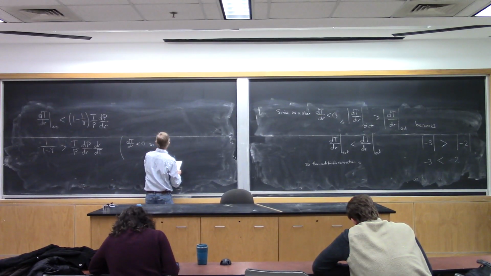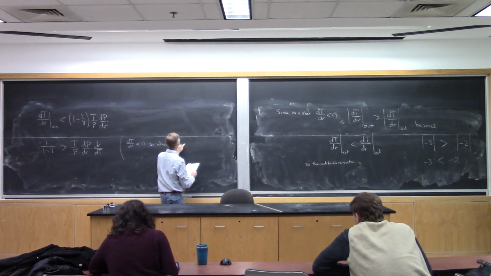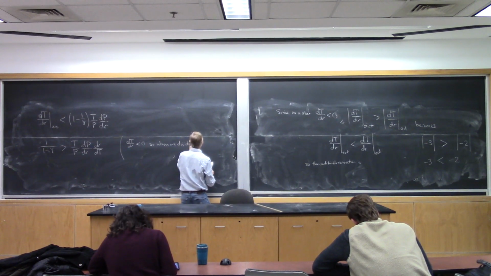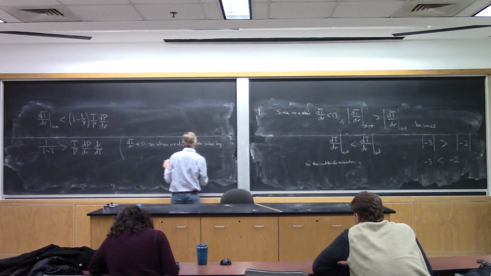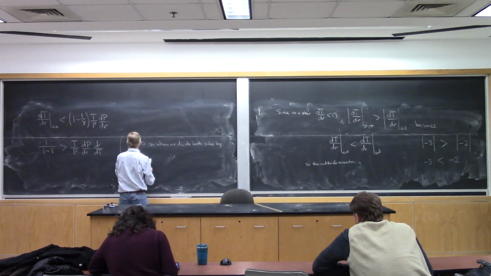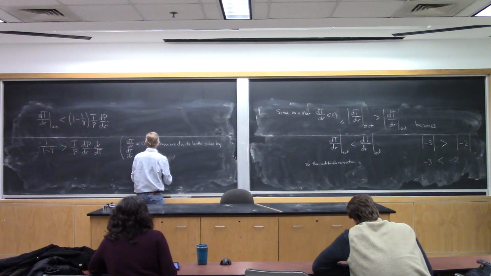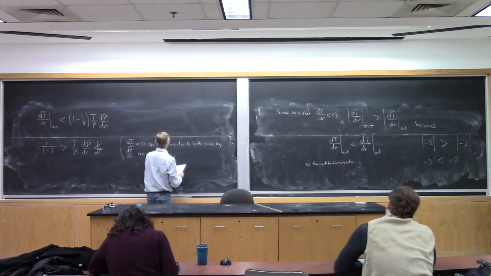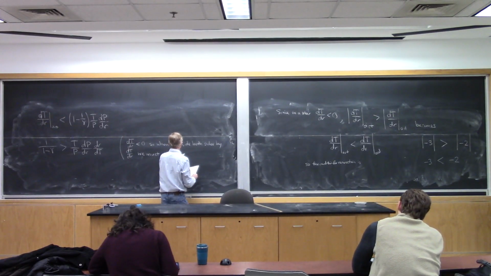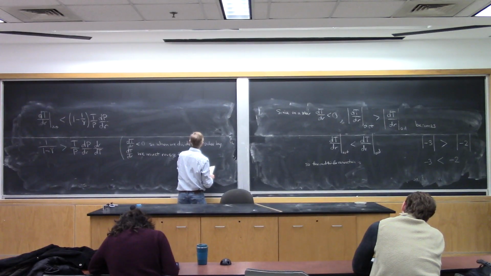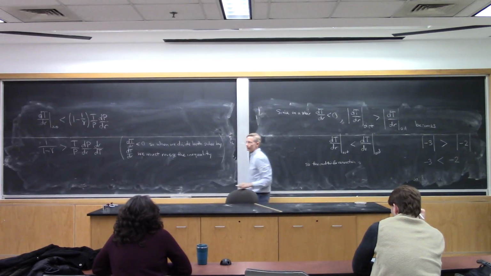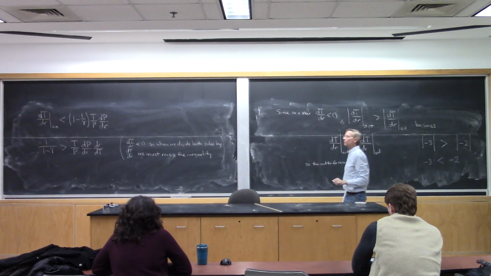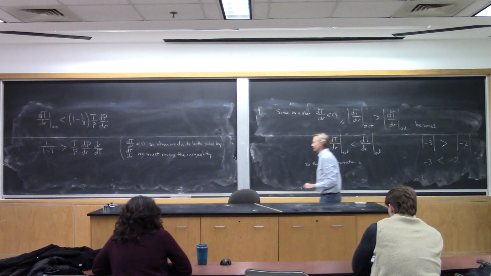So when we divide both sides by dT/dr, we must switch the inequality. We must reverse the inequality. Inequalities are a little tricky to work with because you have to keep track of these things. If you multiply or divide by a negative quantity, you switch the inequality.